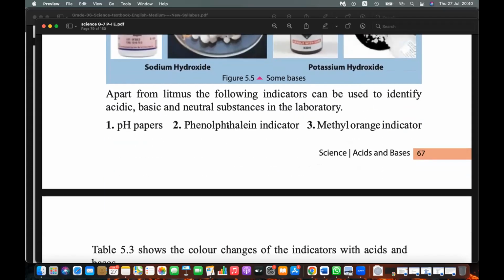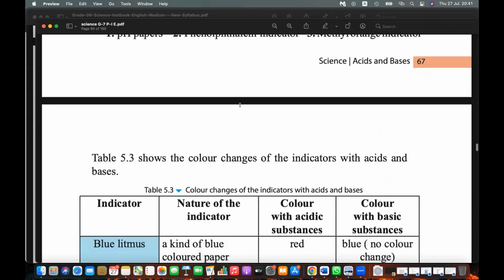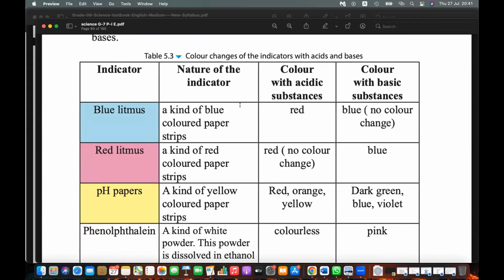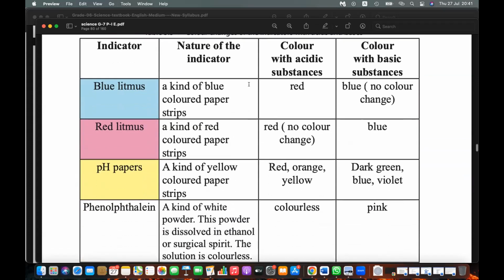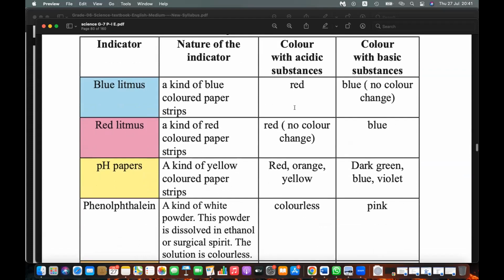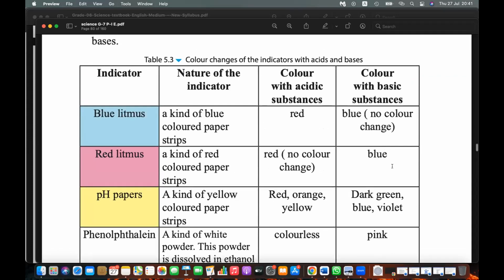Okay, here you can see other indicators like methyl orange, phenolphthalein, and pH paper. We have learned about a lot of indicators now. Red litmus will stay red with acids, and red litmus will turn blue with bases. Here you can see the indicator and the color with acid and base.